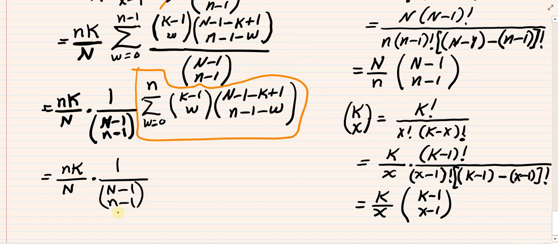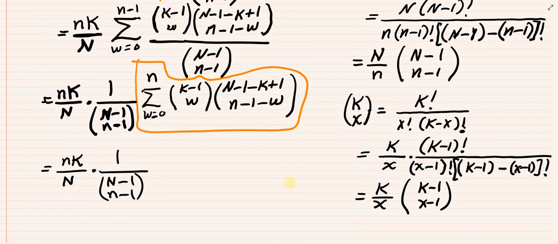And here's where I'm making an exchange for the summation. The right hand side is going to be when you just add those two items, right?